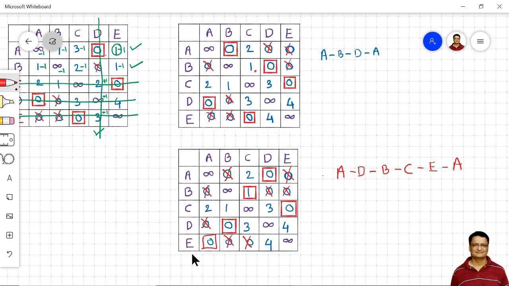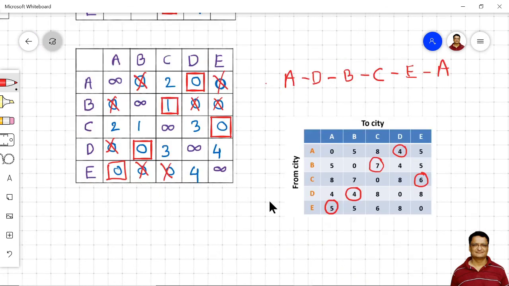Now let us try to calculate the total distance he needs to travel in this case. To get the total distance a traveling salesman travels, we have to refer to this table which is given in the problem.